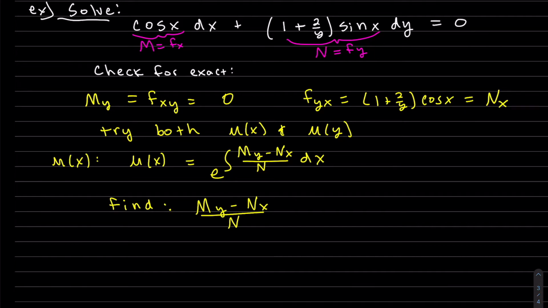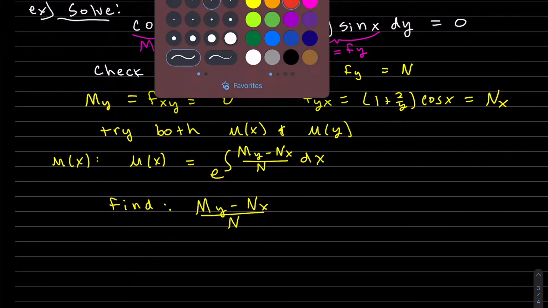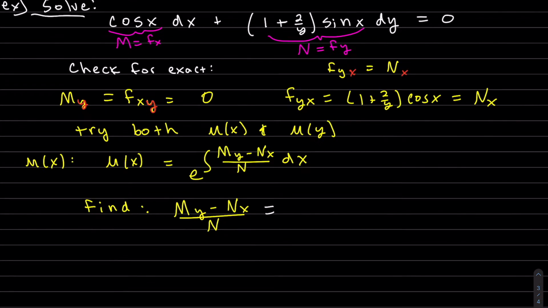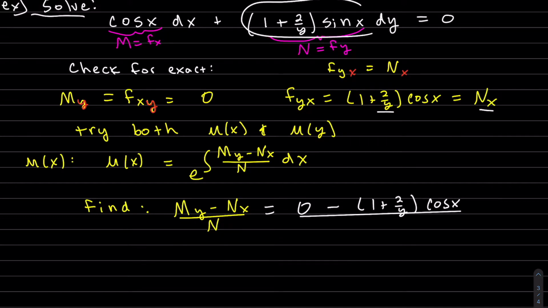Well, basically, we have f of y equaling n. We're adding an x. And same with this one. We're adding the y and the y. So our m_y is 0. Our n_x, subtract. And we divide by n. And this is n.